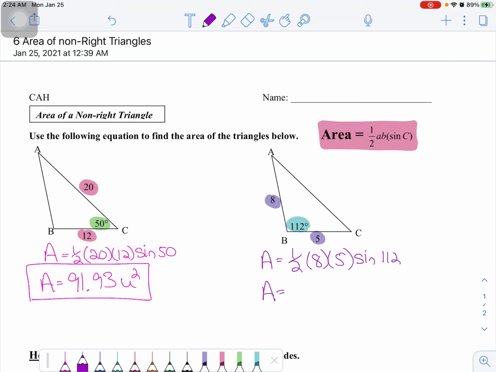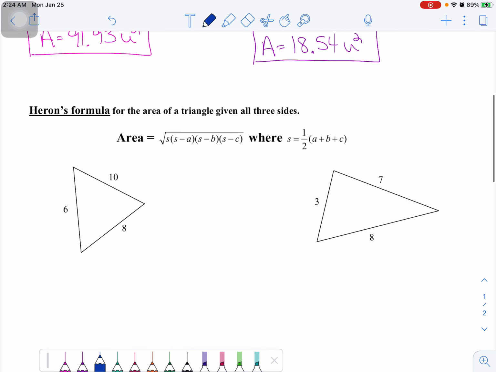Times 8 times 5 times the sine of 112. And the area of this triangle is 18.54. Again, we'll call it units squared. Unless the directions say otherwise, continue to round to two decimal places. So that's if you know two sides and the included angle.